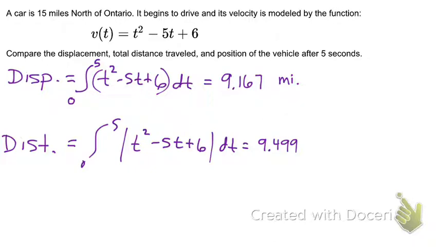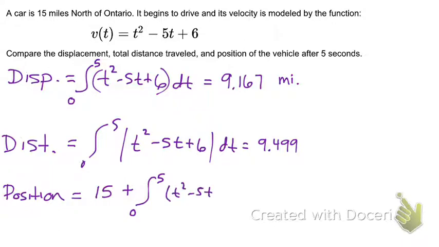And then for position. Remember that position is the displacement plus the initial condition. So if my initial condition is that I started 15 miles north of Ontario, that would be 15 miles north of Ontario plus the displacement from when I started to when I ended, the integral of t squared minus 5t plus 6 dt.